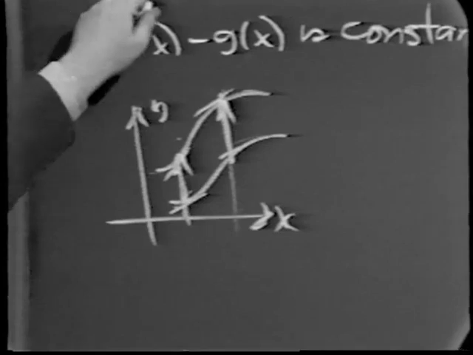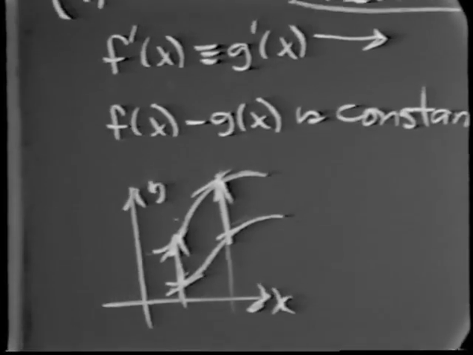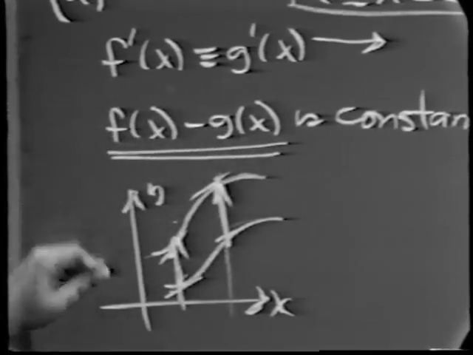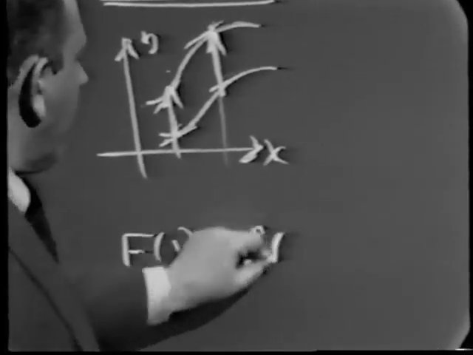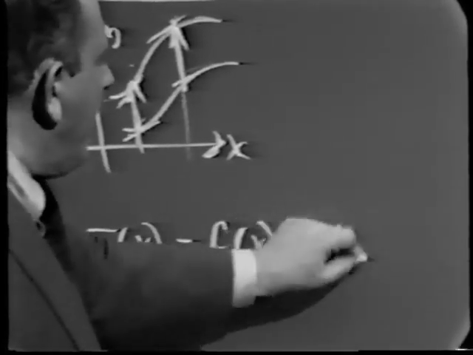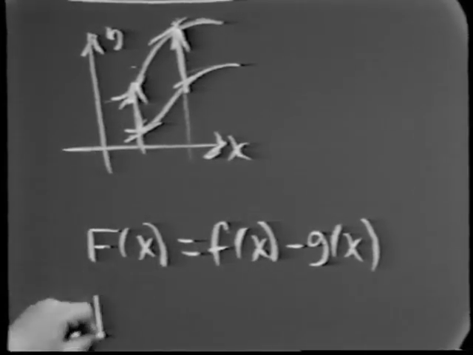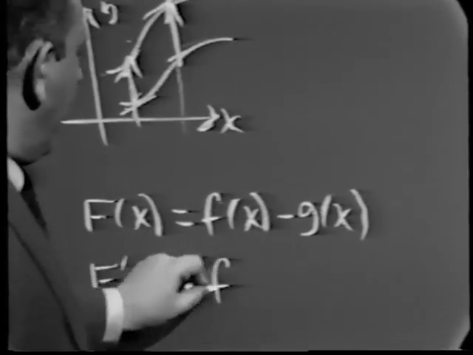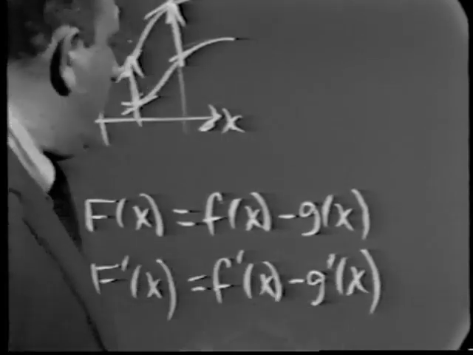And by the way, the proof of this result is again a corollary to the mean value theorem. Namely, let's look at the function f of x minus g of x. Call that capital F of x. Let capital F of x be f of x minus g of x. Since the derivative of a difference is the difference of the derivatives, that would say the derivative of capital F is the derivative of little f minus the derivative of g.